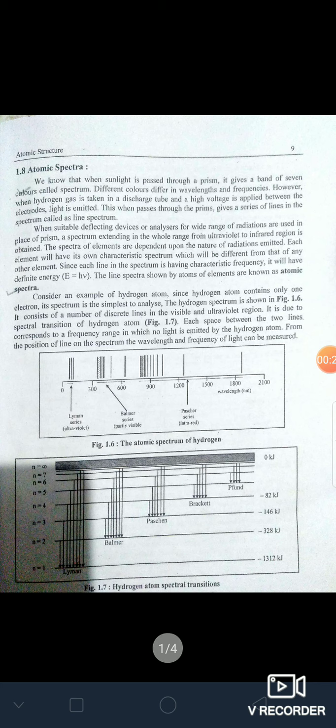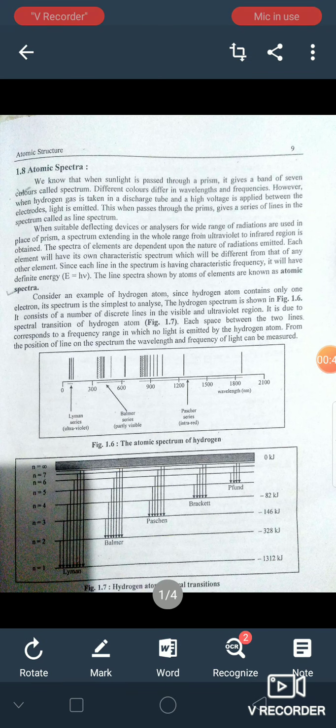However, when hydrogen gas is taken in a discharge tube and a high voltage is applied between the electrodes, light is emitted. This, when passed through the prism, gives a series of lines in the spectrum called line spectrum.